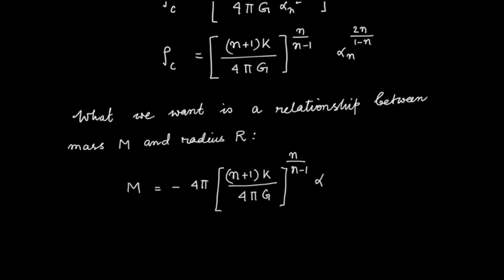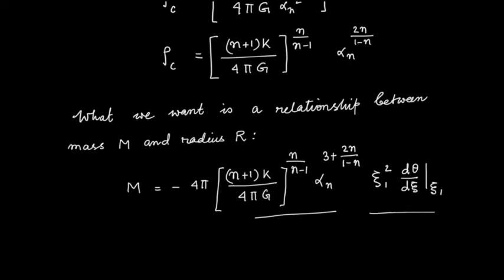So alpha cube will become, this will become 3 plus 2n by 1 minus n. So that entire thing is alpha cube rho c. And then I have xi 1 square d theta d xi at xi 1.